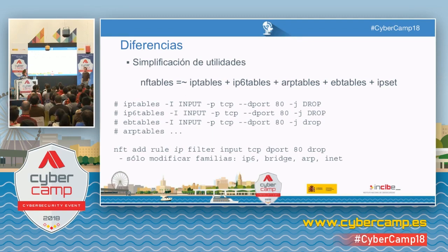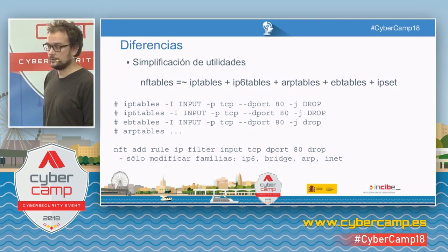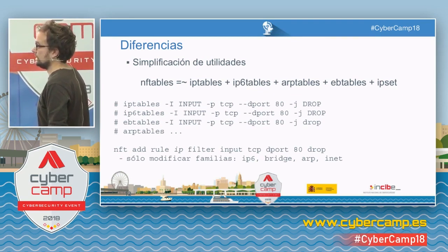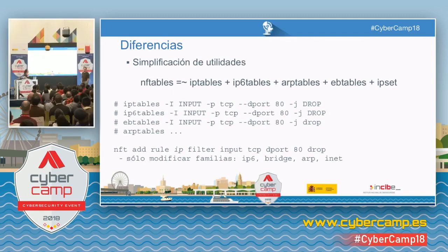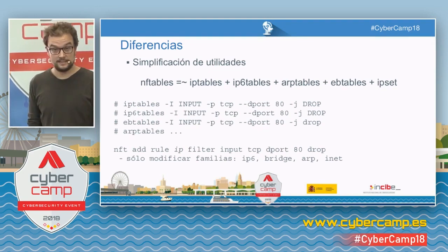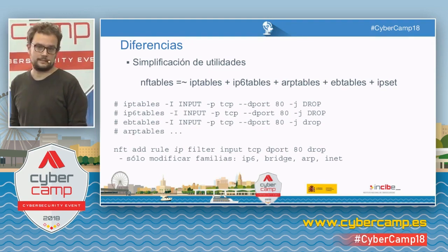Although there are slight differences from one tool to the next. In IP tables, for instance, the syntax is different. On NFT, we have homogeneous. It's more homogeneous. Now, rules are more unified, and we now have INET with one single rule.